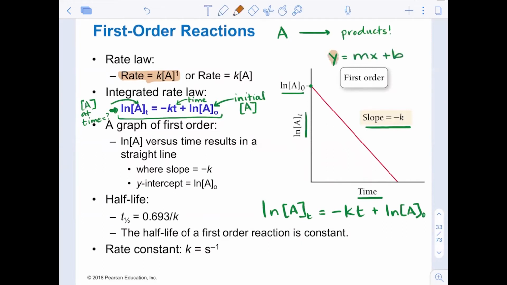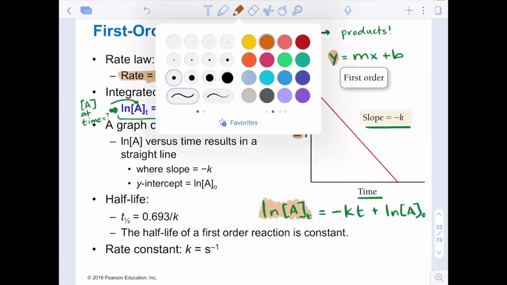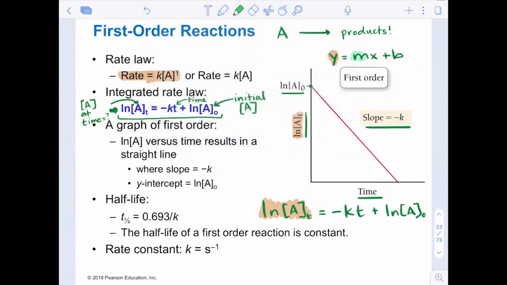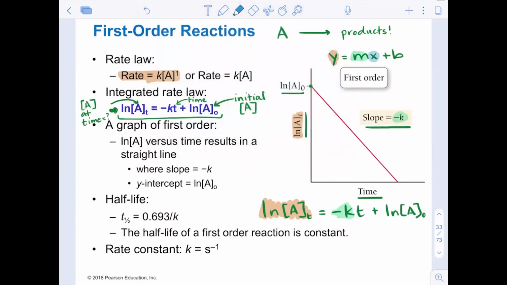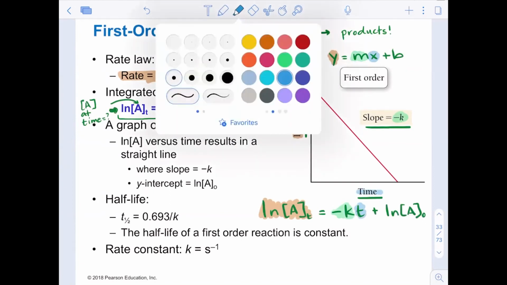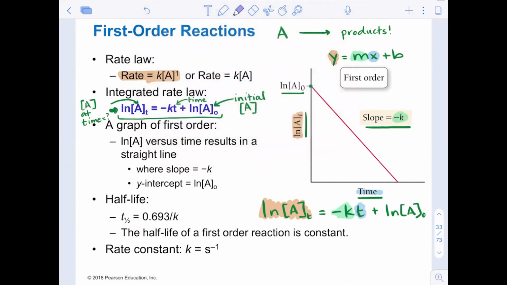The y-axis is the ln of A. m is the slope, which we have determined is negative k. x is the x-axis, which is time. And plus b is that y-intercept right there at time 0.